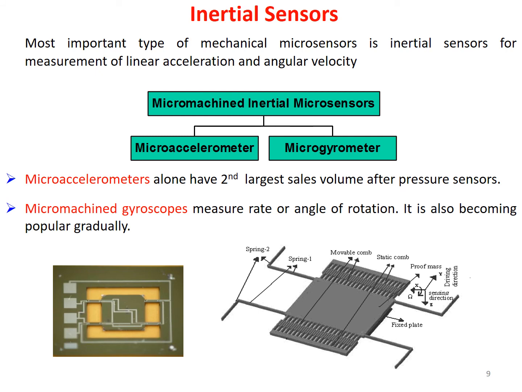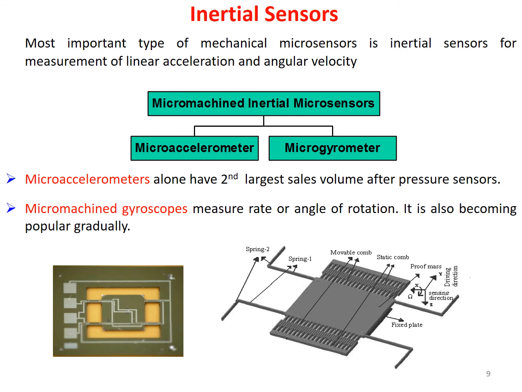If we look at the pressure sensor, whose discussion we have just finished, the pressure sensor is the largest volume. From the production point of view and use point of view, the pressure sensor comes in rank 1, and the accelerometer will come in rank 2, right?